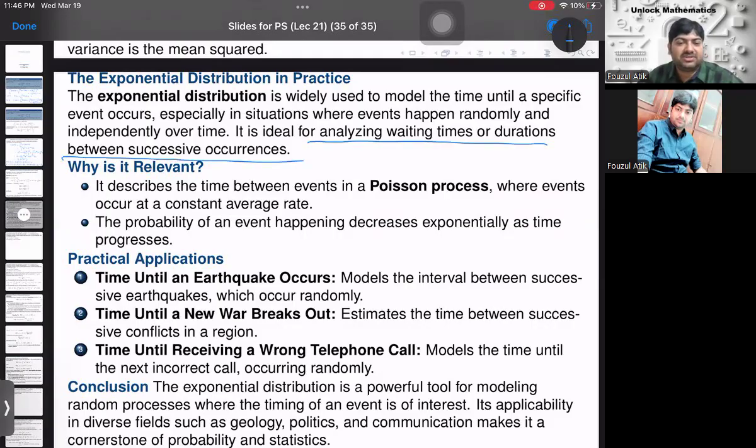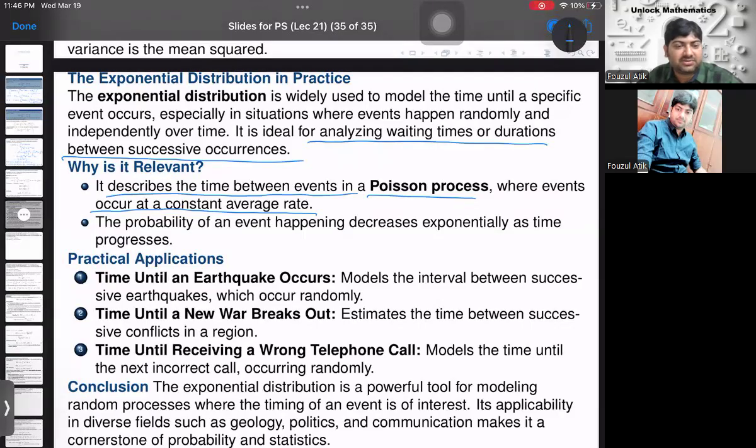It is mostly used in these cases, where the waiting time or duration between two events is needed. It describes the time between events in a Poisson process, where events occur at a constant average rate.